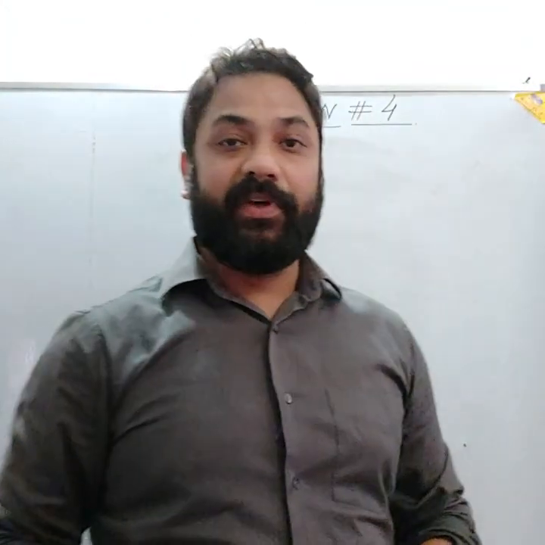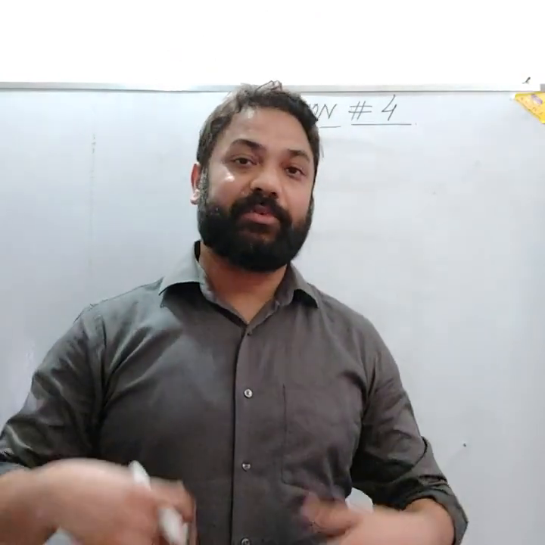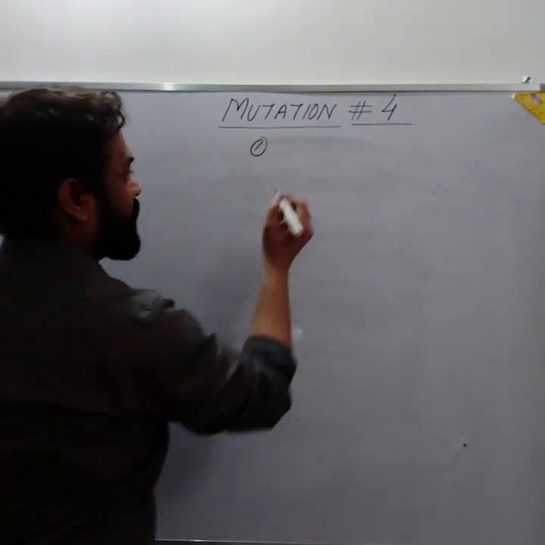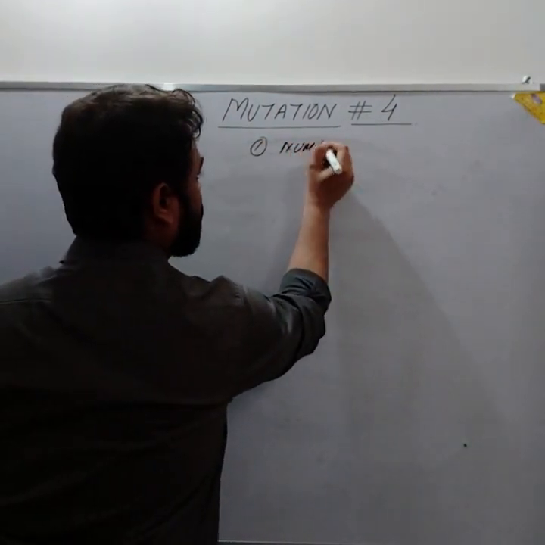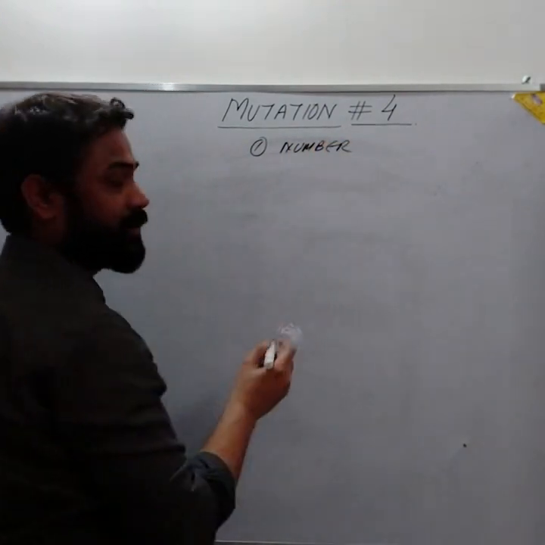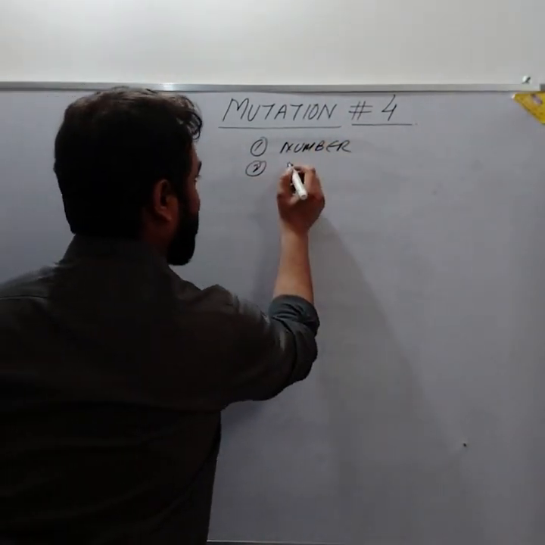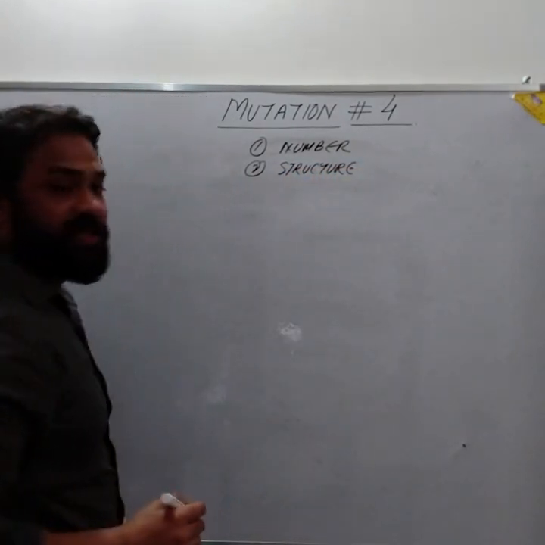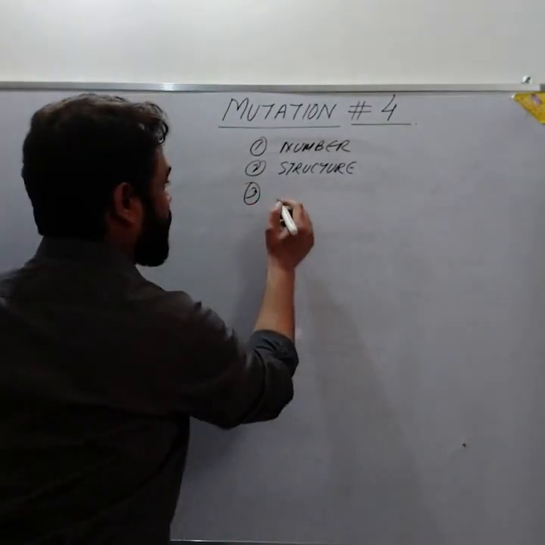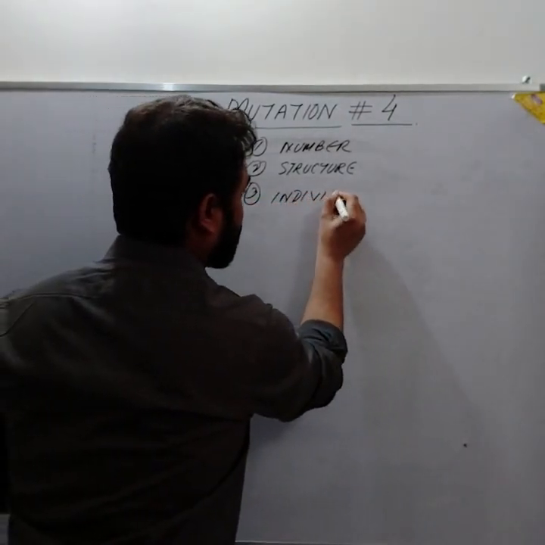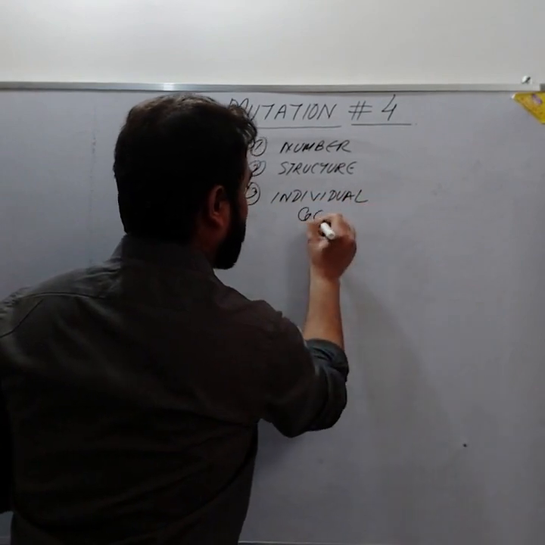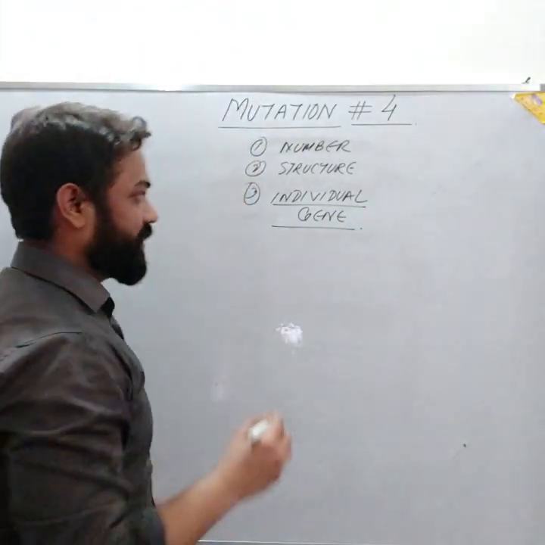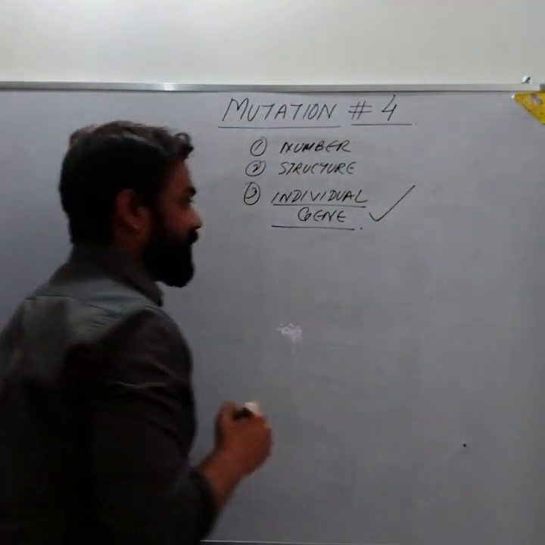If you remember, when we were discussing the types of changes in genotype, the first type was change in chromosome number, the second was change in structure of chromosome, and the third one was at the individual gene level. So whatever we are going to discuss will be at the individual gene level.